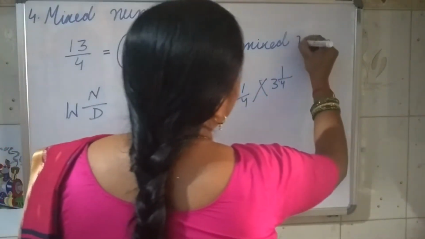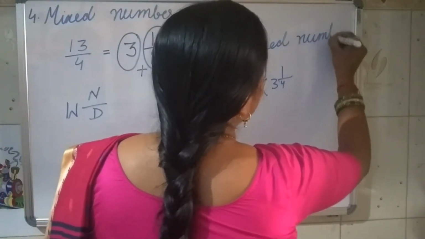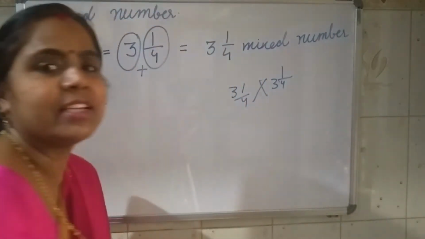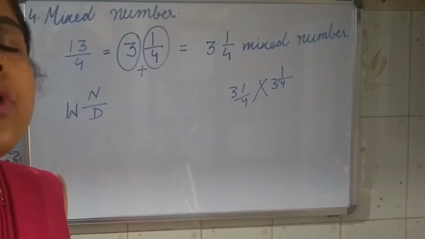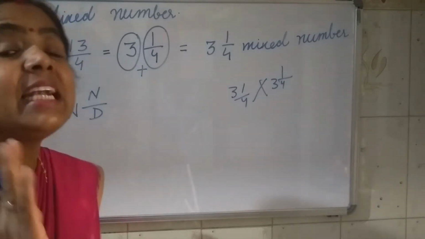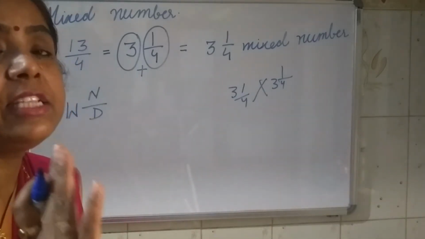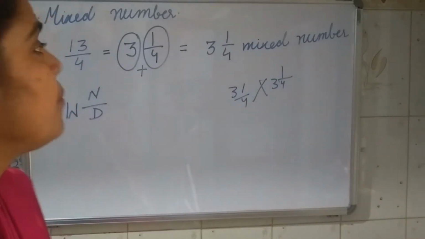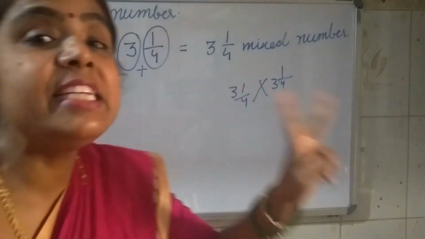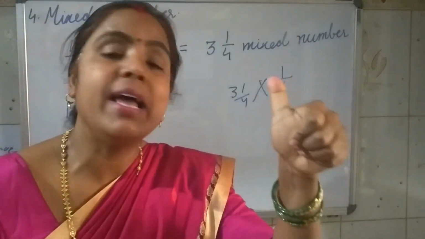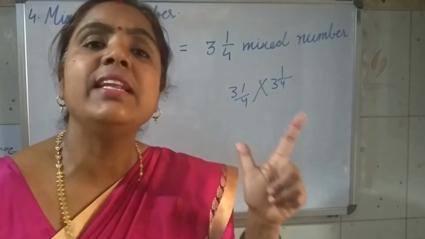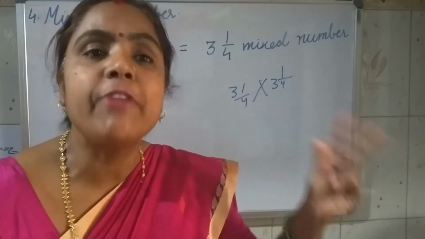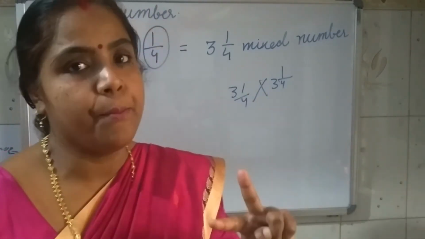In common usage, people also call it a mixed fraction. Often you will see it in books and everywhere. But the correct term is not mixed fraction. It is not a fraction, it is a number. Why? Because it is a combination of 2 types of number. One is a fractional number, the second is a whole number. So it is not a fraction, it is a mixed number. Okay?